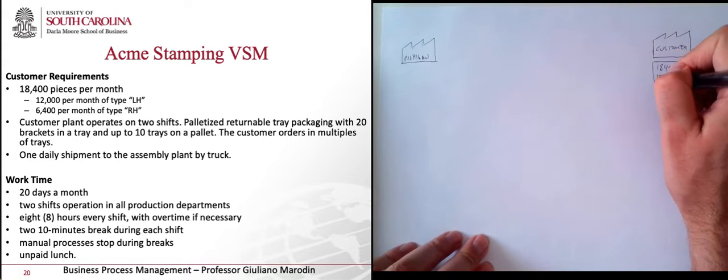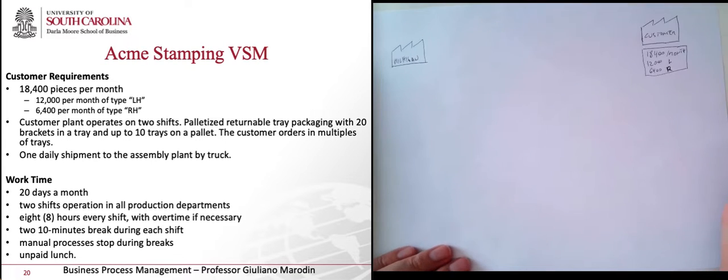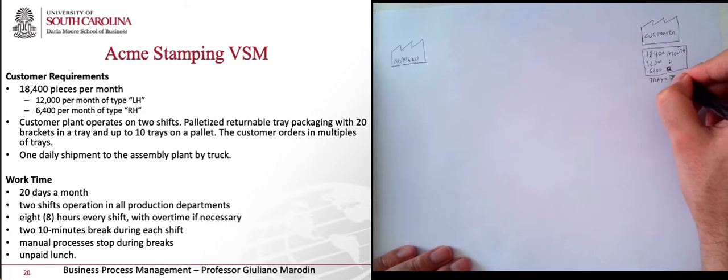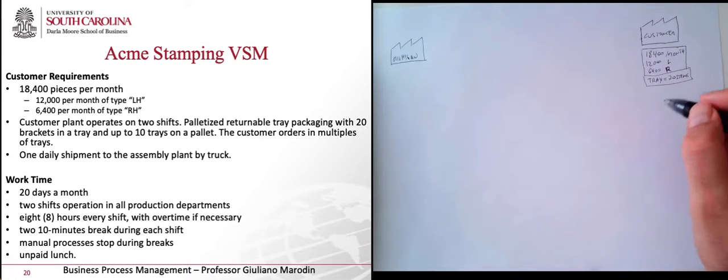When you have information here, you close it with a box. The customer operates in 2 shifts, with palletized returned trays of 20. So we're also going to have that information of the tray being 20 items. And we have multiple trays, and 1 daily shipment to the assembly plant.